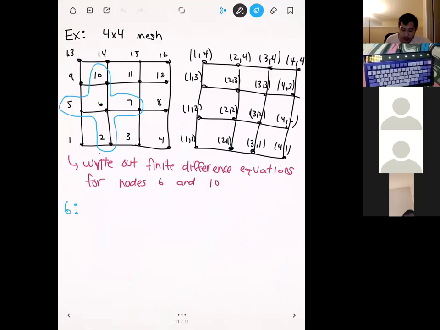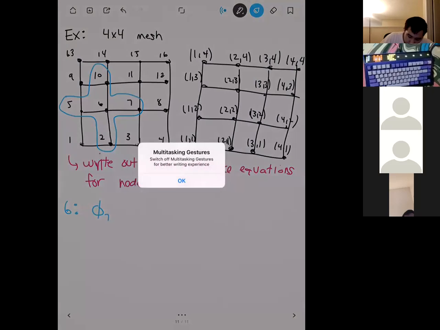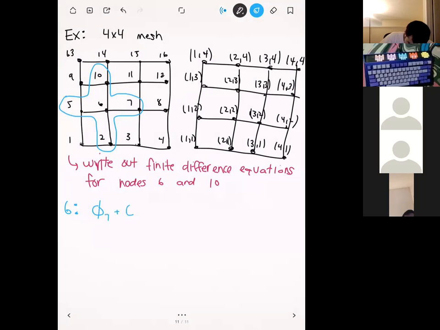We can see from the diagram that the neighbor to the right of 6 is node number 7, so we're going to have phi 7. Then we write out the neighbor to the left, which is 5. Then the neighbor to the top, which is phi 10.